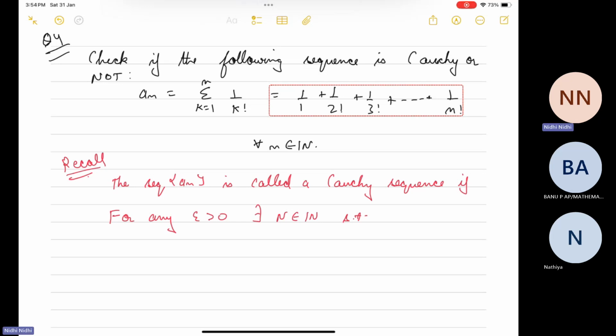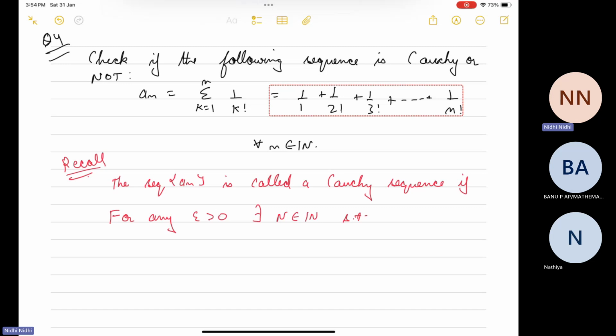There is a very slight difference. In fact, in the case of real numbers, there is no difference at all. Saying it is Cauchy is equivalent to saying that it is convergent, but in several other spaces it happens that the sequence might be Cauchy.